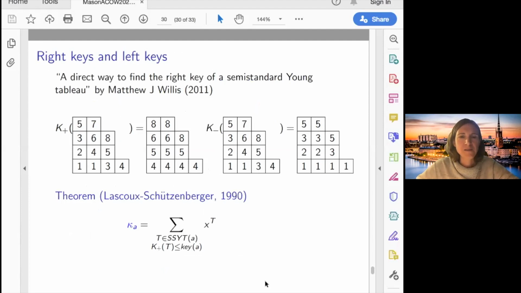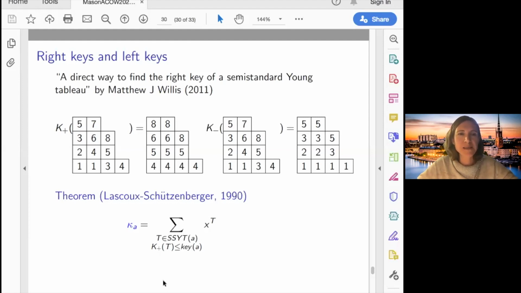I'm not going to define right and left keys. It's a complicated definition that involves Knuth equivalence and Schensted insertions and things like that. But I really like the method of computing them that Matthew Willis discovered in his paper, A Direct Way to Find the Right Key of a Semi-Standard Young Tableau.